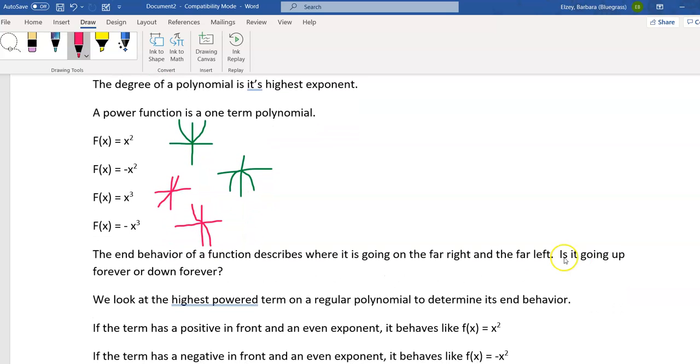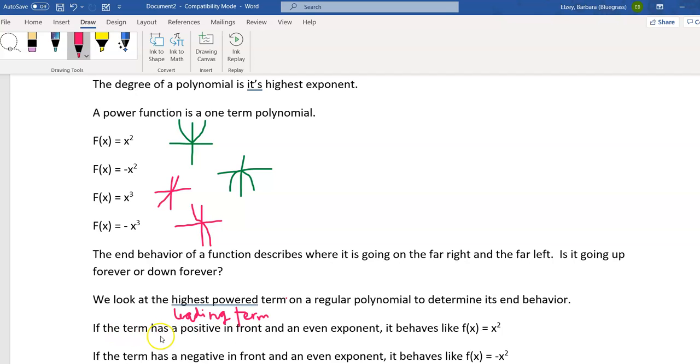Now it turns out if we look at the highest powered term, which is called our leading term, on a regular polynomial, that's going to determine its end behavior.